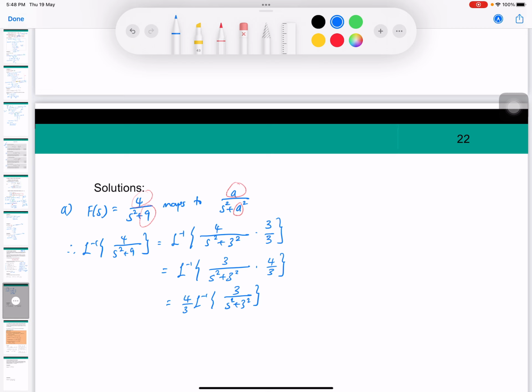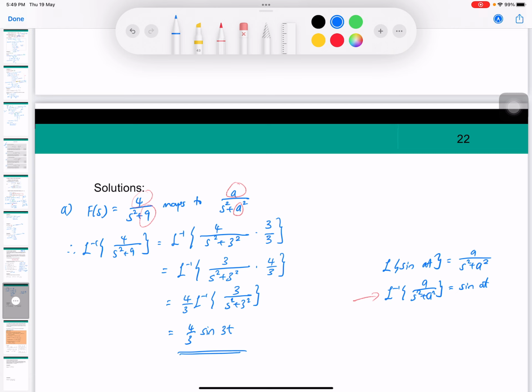Okay, and we know that Laplace of sine at equals to a over s squared plus a squared. So inverse Laplace will give you back sine at. Okay, so inverse Laplace of 3 over s squared plus 3 squared, if you use this formula here, answer will be sine 3t.